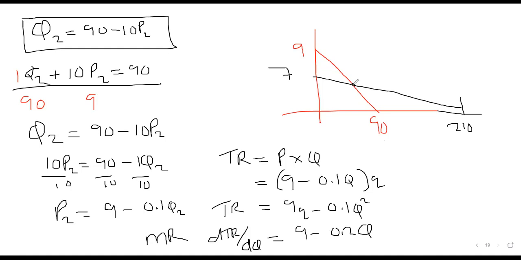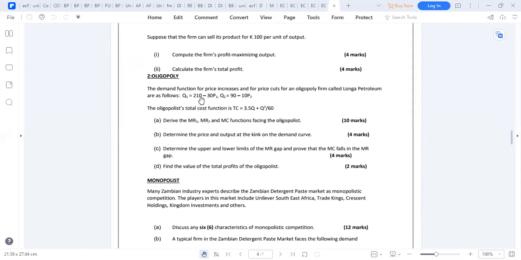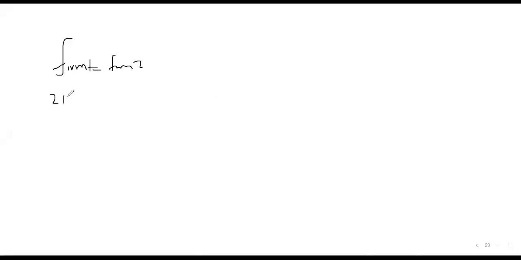Now, this is called the kink. The examiner will now ask us to calculate the price and quantity at the kink. So at the kink, there's no price discrimination. So we simply say firm 1 is equal to firm 2. If we go to our original functions, firm 1 was 210 minus 30p. Firm 2, 90 minus 10p. So just equate them: 210 minus 30p equals 90 minus 10p.